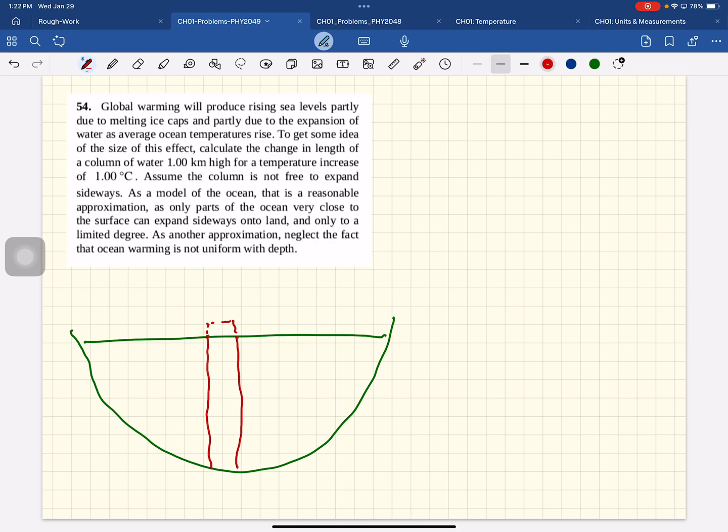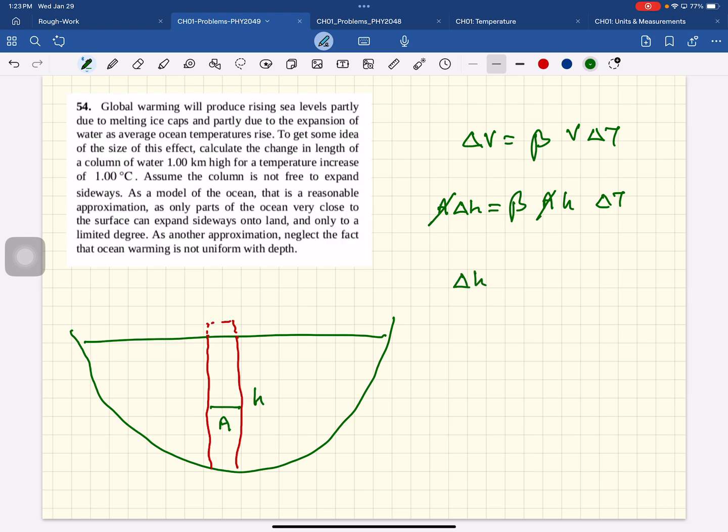If you guys can check this out, the increase in volume is original volume times beta times delta T. The original volume is area of cross section times height, and the increase in volume is area of cross section times delta height.